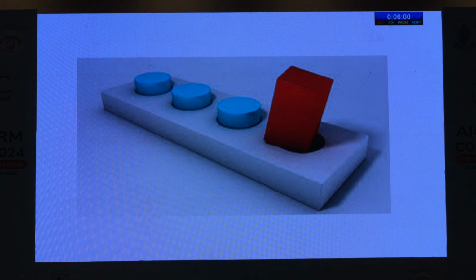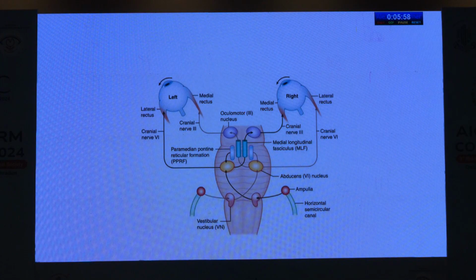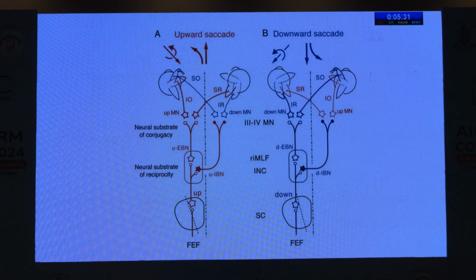At the initial stage, if you do not understand, revisit your videos, because I'm going into the pathways above these nuclei. There are the supranuclear pathways and the internuclear pathways, because we only concentrate on the nuclear level, but there are a lot of connections. I can't explain them in 7 minutes, but it's important to know all the pathways for the pursuits and the saccades, both horizontal and vertical eye movements.